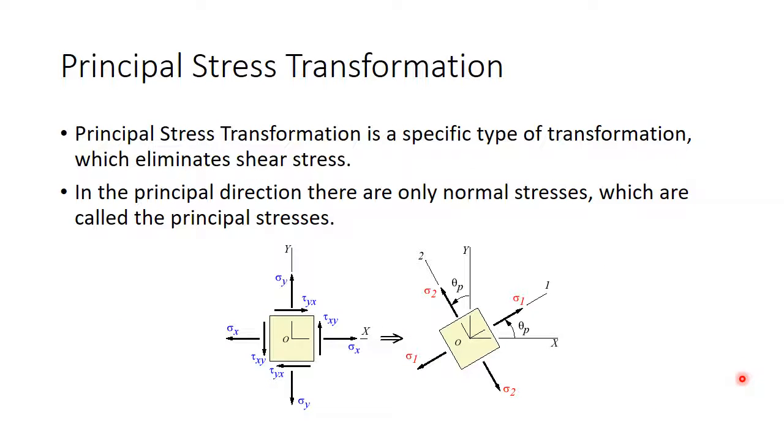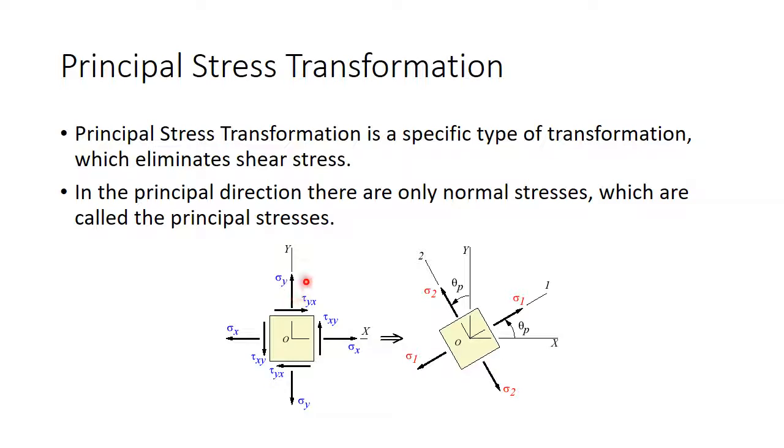The principal stress transformation is a specific type of transformation. Now we know that the stress state changes as we rotate the coordinate system. This normal stress might increase, this one might decrease, and these shear stresses will decrease or increase. They're all the same stress from the complementary property of shear.